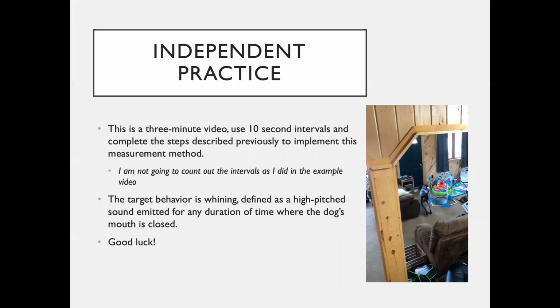I'm not going to count out the intervals this time, so go ahead and maybe set up a stopwatch or a timer so you can see when the different intervals switch over. I did give you a description of the target behavior, which is whining: any high-pitched sound that's emitted for any duration of time where the dog's mouth is closed. So go ahead and take a stab at it, and good luck.